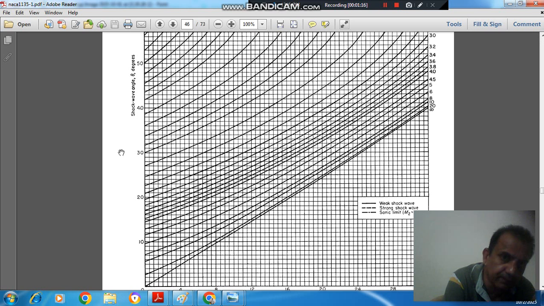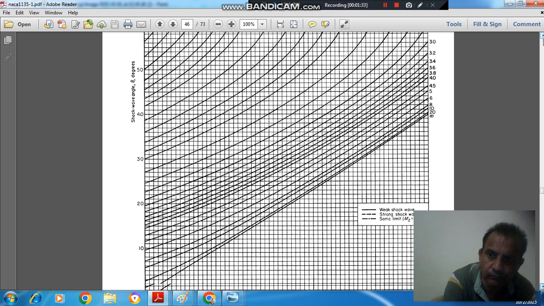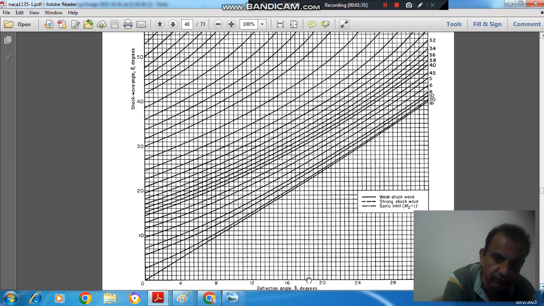This is your beta, shock wave angle, and this is your theta, deflection angle, here it is represented by delta, and these are the Mach numbers.